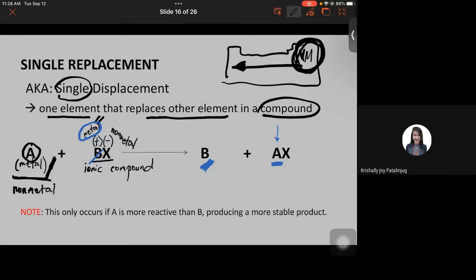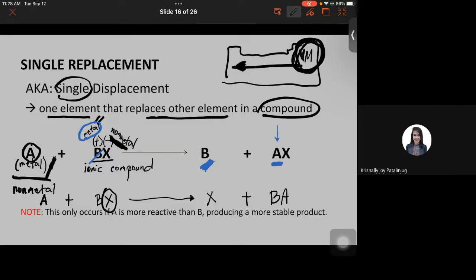So if any case that a non-metal is the single element in the reactant side, this time, it will replace the non-metal portion of that ionic compound. So this time, from BX, so example A, let me write it again, A plus BX. So this time, it will replace the kumbaga, position of X in the compound BX. Okay, so you will produce the product X and BA.